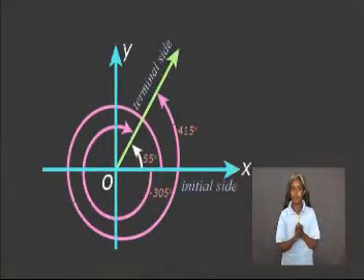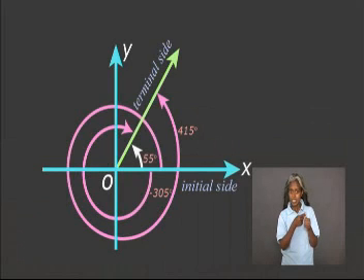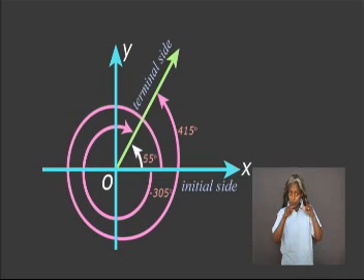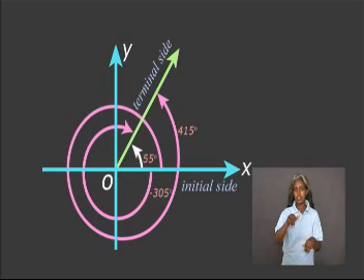Let us look at the figure on your screen. It appears that there is only one initial side and one terminal side, but the arrows indicate that there are several angles that share the same terminal side. These are coterminal angles.